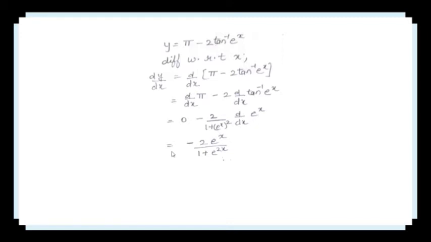Then again I will be writing minus 2 e raised to x upon 1 plus e raised to 2x. So this will be the answer. These types of examples in board exams can be asked for 4 marks. Okay, we'll see the next example.